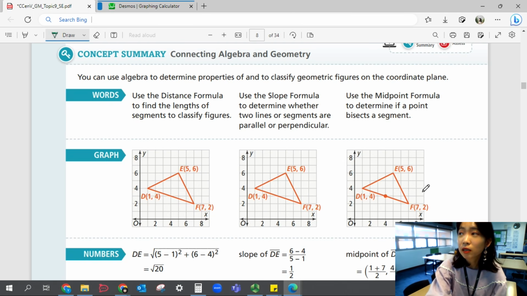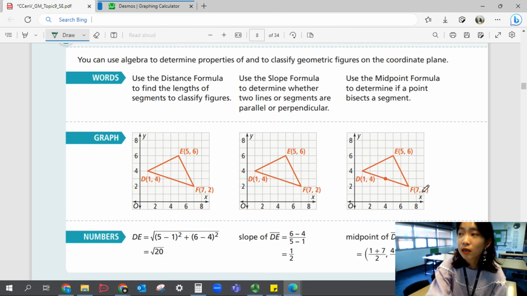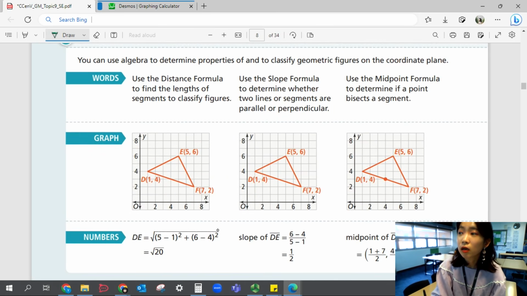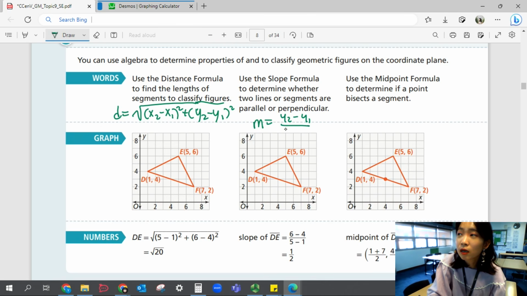So remember these formulas, so let me state that again. Distance formula: d is equal to the square root of x sub 2 minus x sub 1 squared plus y sub 2 minus y sub 1 squared. The slope formula: m is equal to y sub 2 minus y sub 1 over x sub 2 minus x sub 1. And you might wonder again, what are x sub 2, y sub 2?